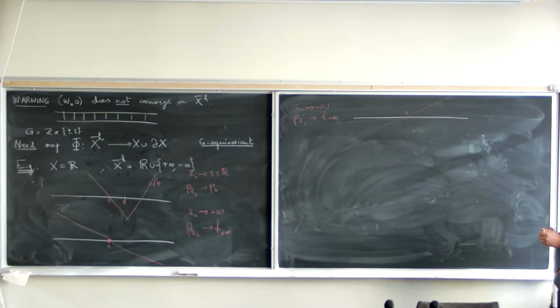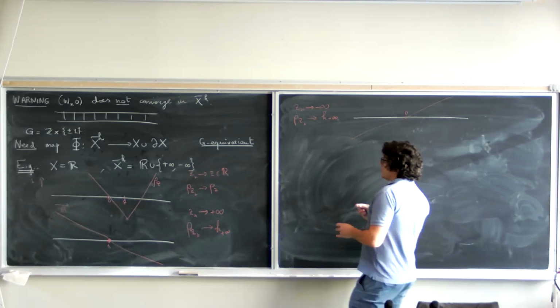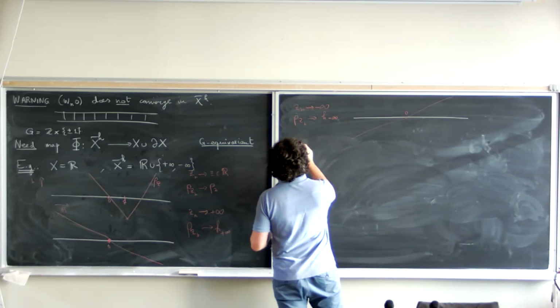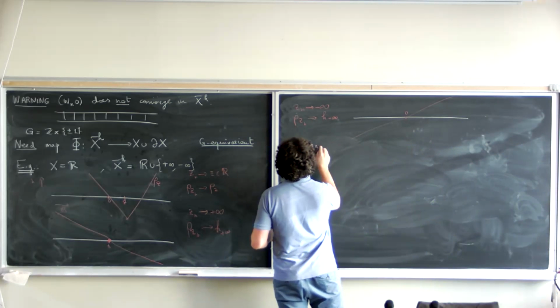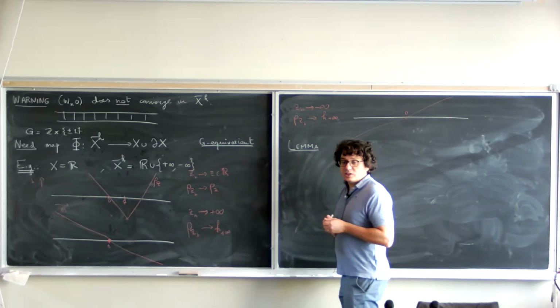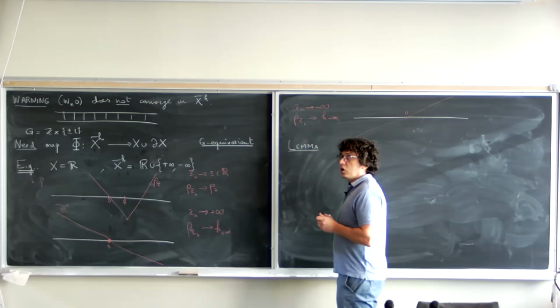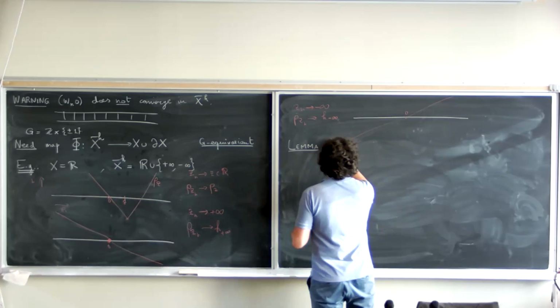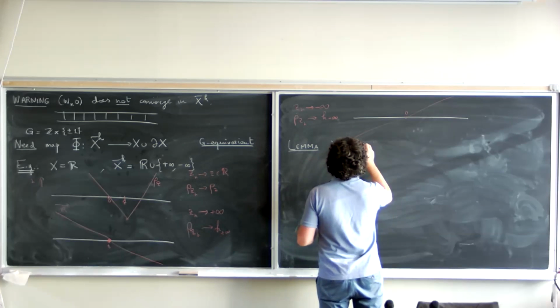Okay, now we take any Horo function. So this lemma, now we are starting to use the delta hyperbolicity somehow. So again, X is delta hyperbolic.